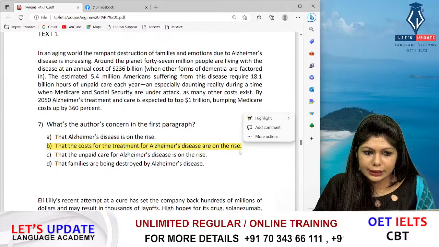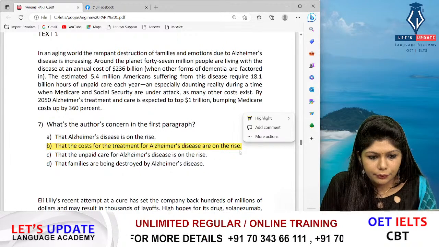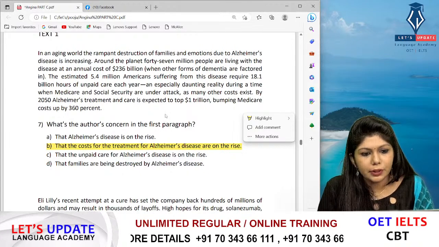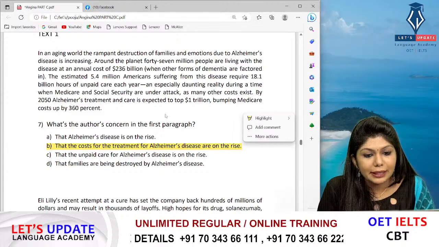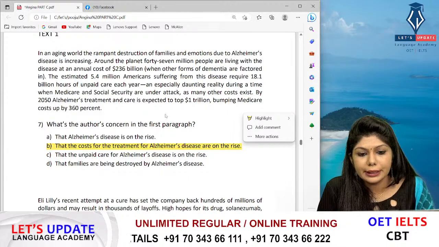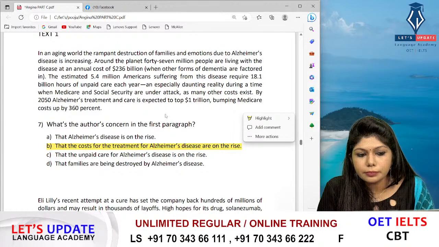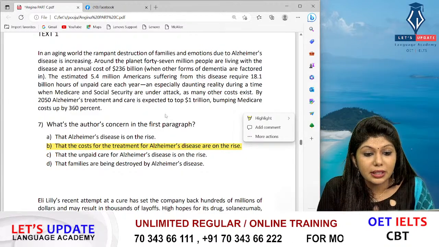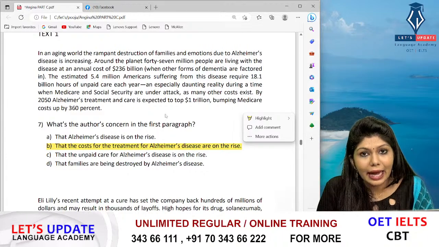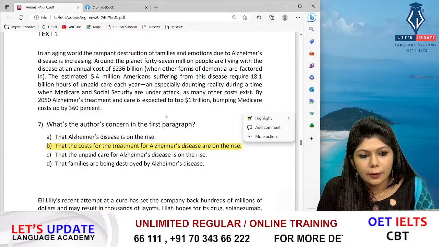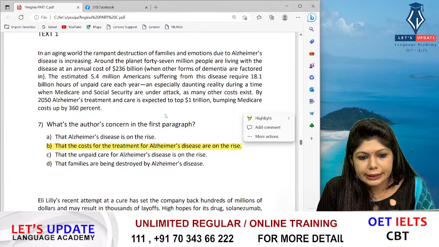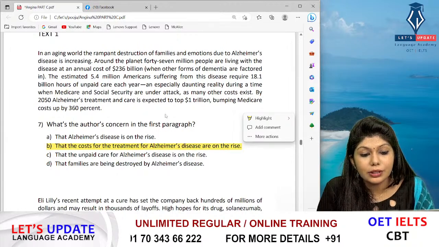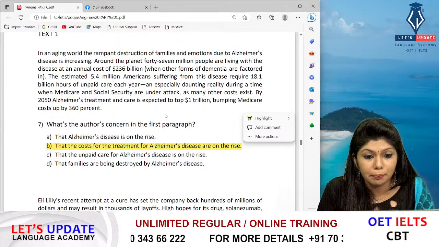So look at this paragraph here. Over here, it's written that by 2050, the Alzheimer's treatment and care is expected to top $1 trillion. That means the cost for the Alzheimer's treatment and care is expected to top $1 trillion, bumping Medicare costs up by 360%.